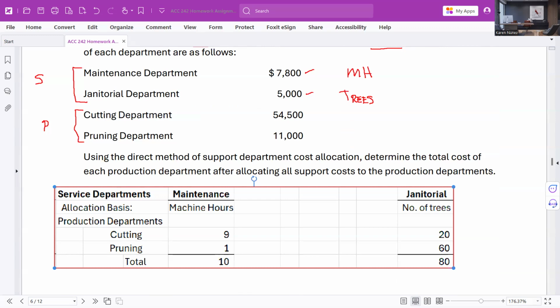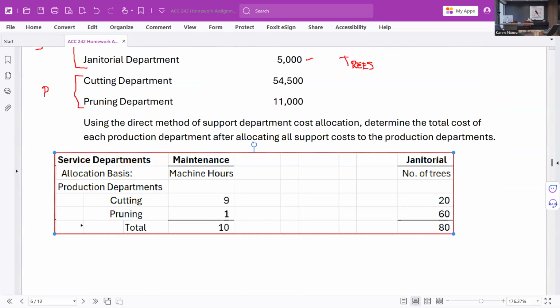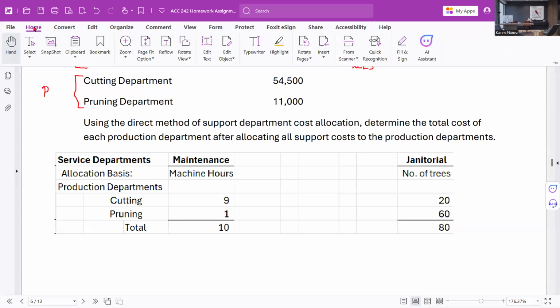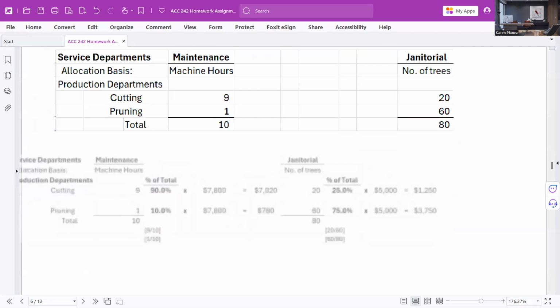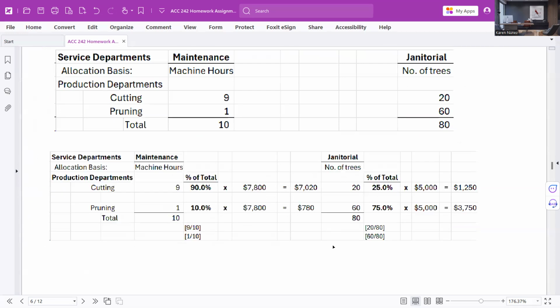So I've got the allocation here. The allocation of our costs. For maintenance, with a 9-to-10 ratio, that's how we get our percentages. 9 divided by 10 is 90%. 1 divided by 10 is 10%.